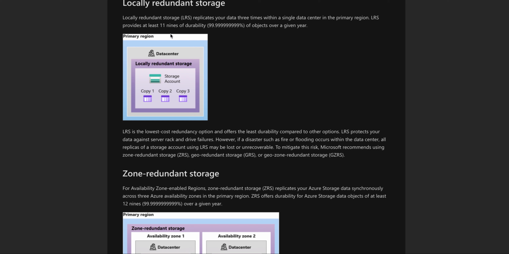And LRS provides at least 11 nines of durability, which is this figure, of objects over a given year.